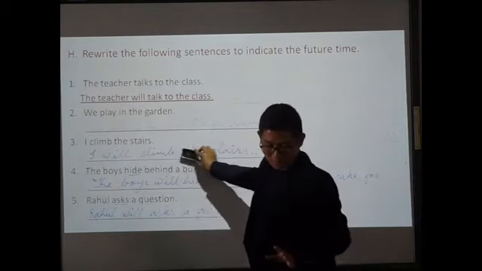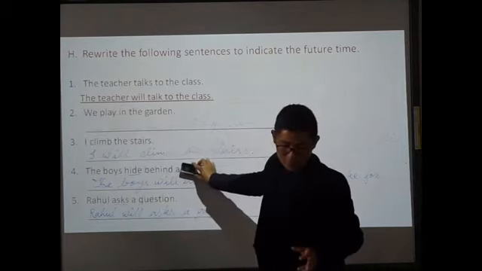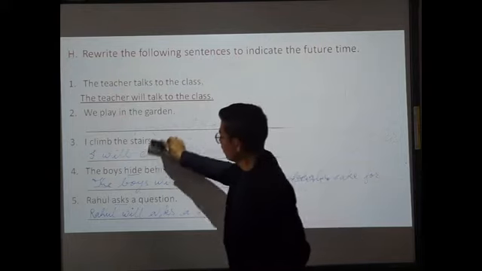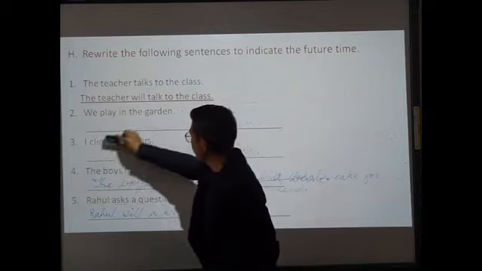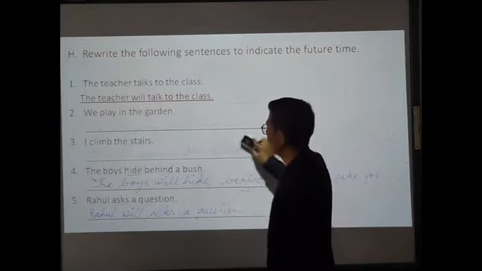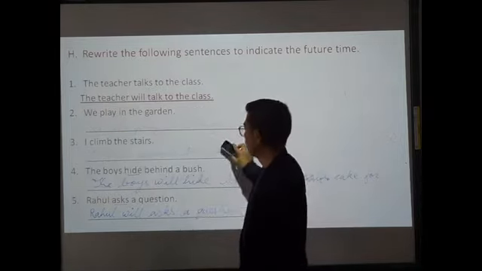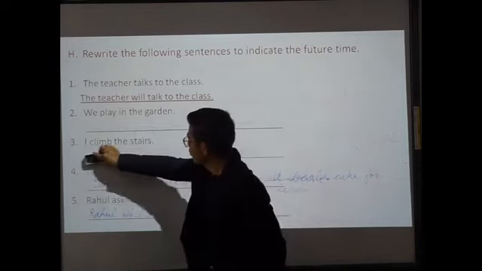Now there are some more. Since I have done till number 5, there are some more, 6, 7, 8, 9 and 10. In the same way, you are going to do it by yourself. Okay, practice it at home.